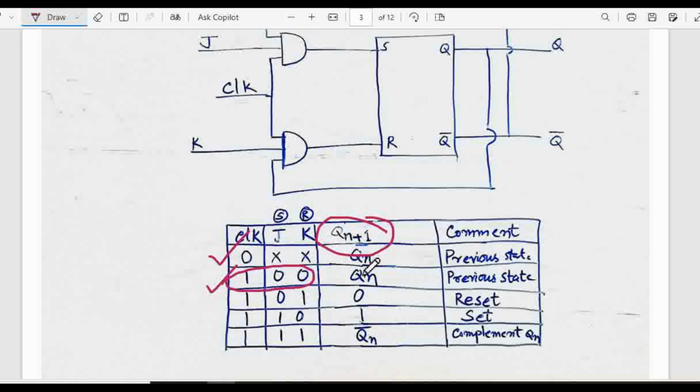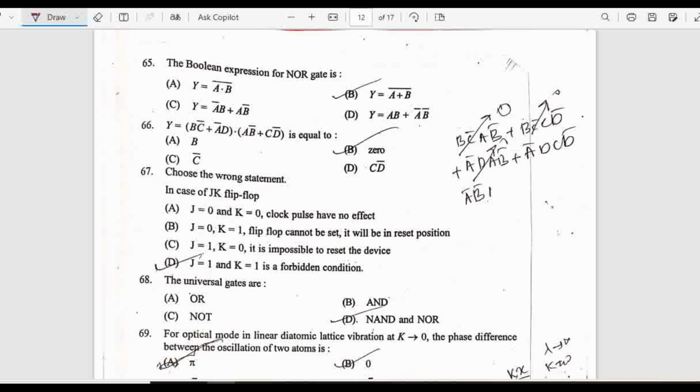In both situations you are getting the same result, Qn, that means the previous state. So this option is a correct one, but we have to find the wrong statement.